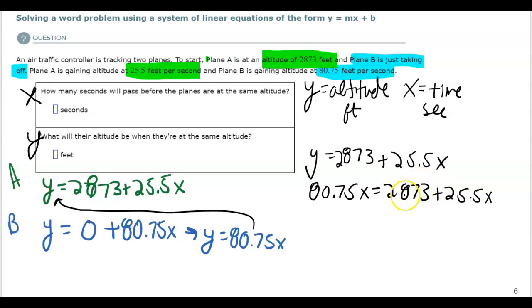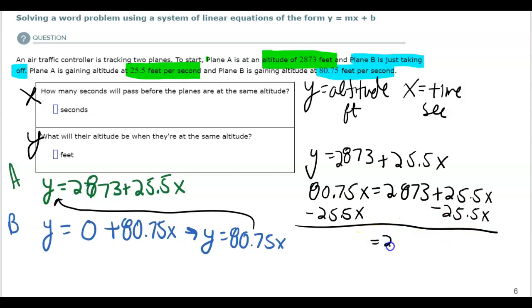Now I can combine like terms and divide both sides.